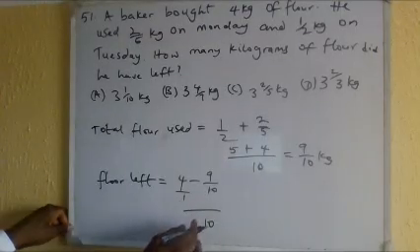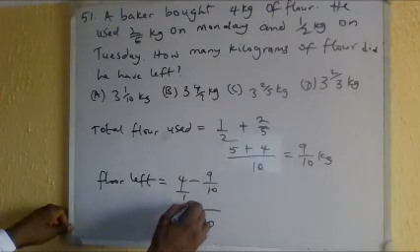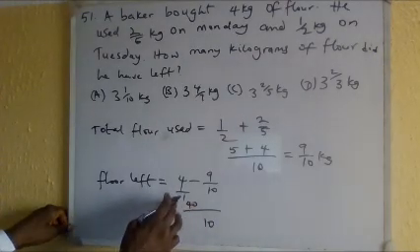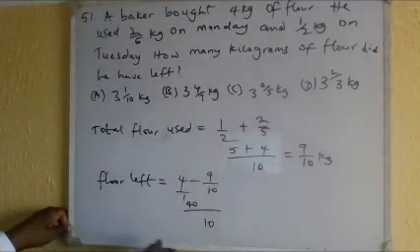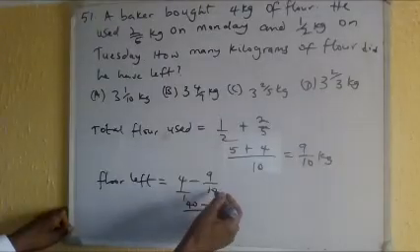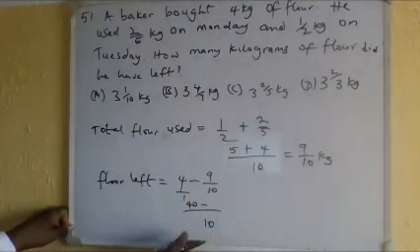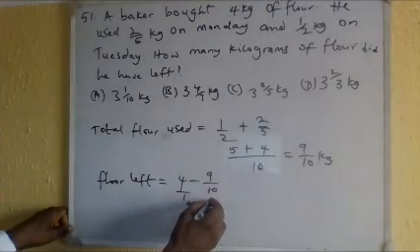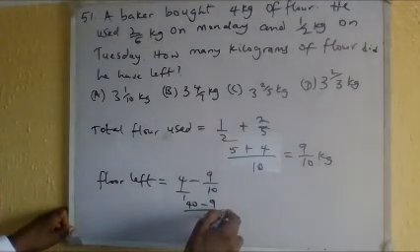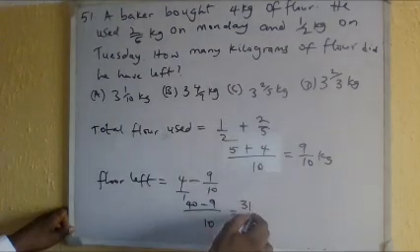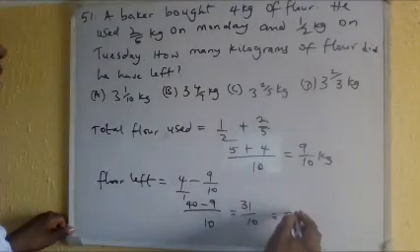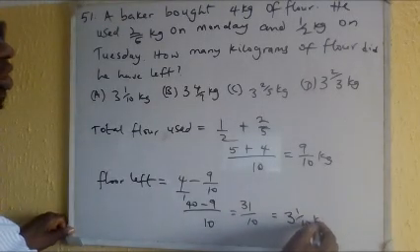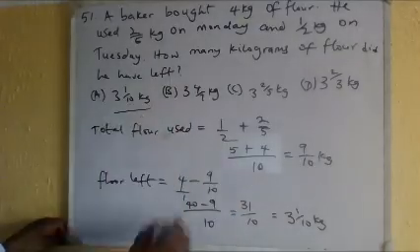Then 1 into 10 is 10 times. 10 times 4 is 40, minus. Then 10 into 10 is 1 time. 1 times 9 is 9. So whenever I do the subtraction, I have 31/10, which is the same thing as saying 3 whole number 1/10 kg. I think the answer is A.